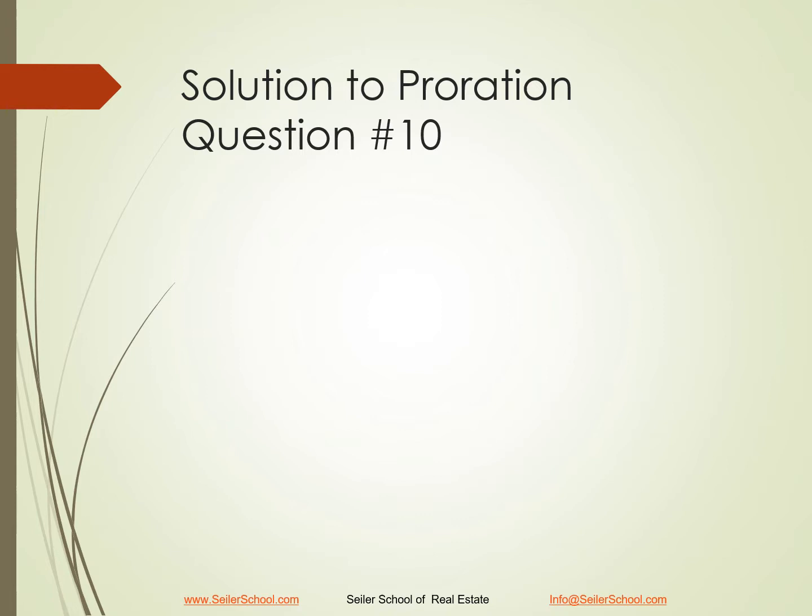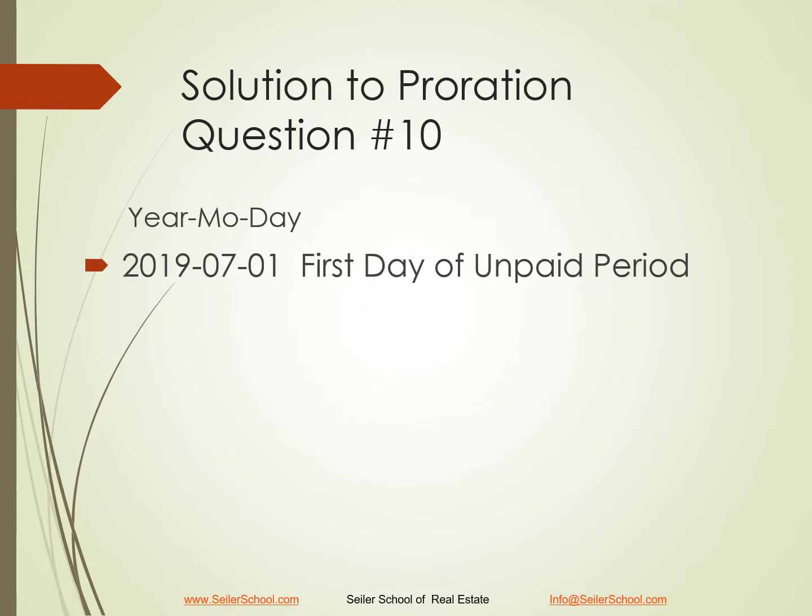Our solution to our watermelon question. The first day of the unpaid period, because in this instance we're dealing with a fiscal year that runs from July the 1st of 2018 to June 30th of 2019, would be the very next day, July the 1st of 2019.